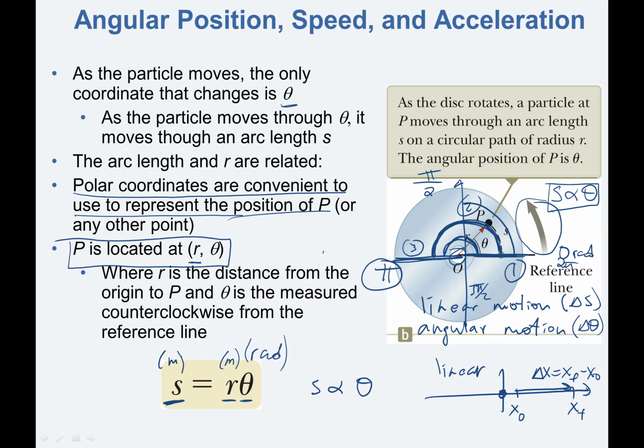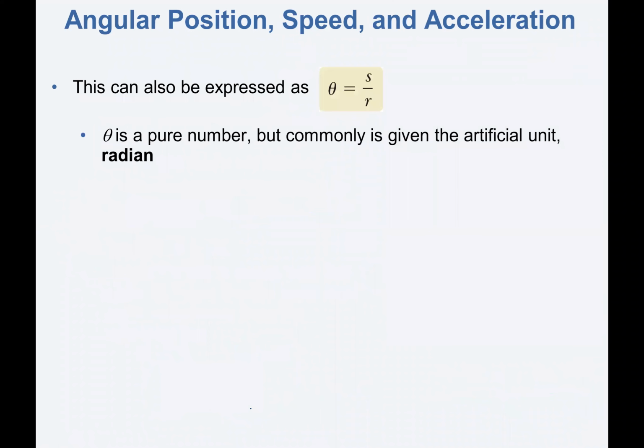Because here's the thing: if this is meters on the right side, meters times anything else is not going to work, because distance is already in meters, and the left side is meters, that's it, you're done. But you're also multiplying R with theta. That means theta has to be some kind of unitless quantity so that left and right sides agree with units. Okay, so you can see that's how those are related.